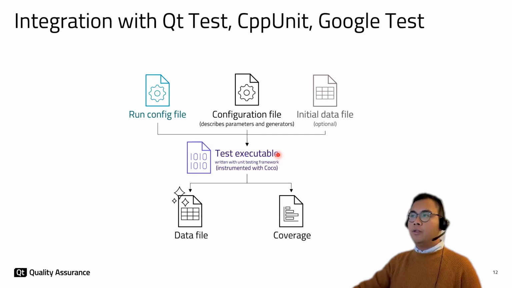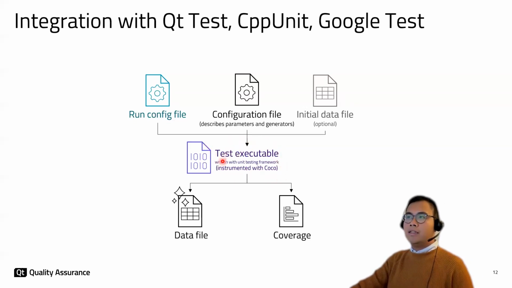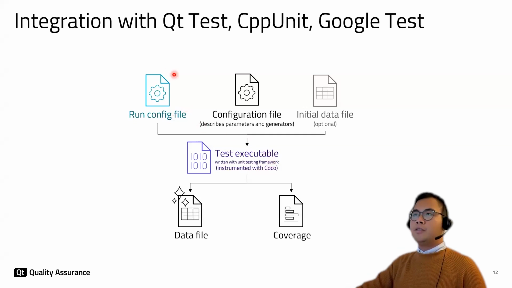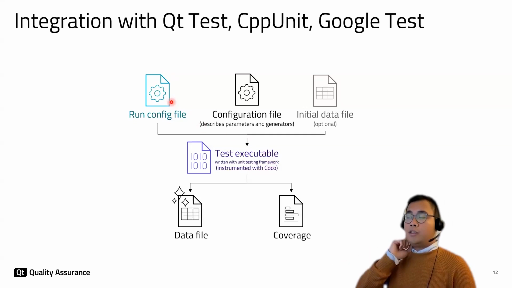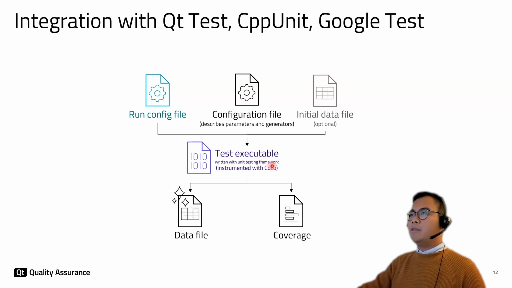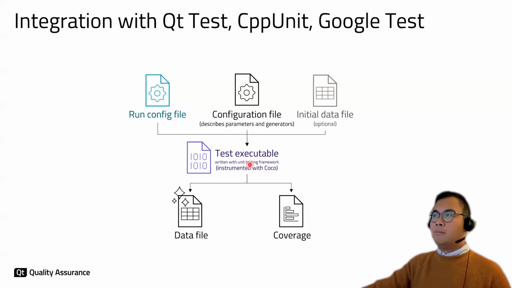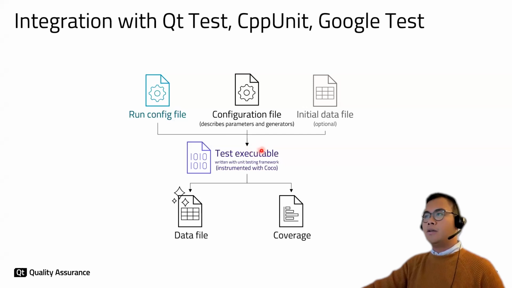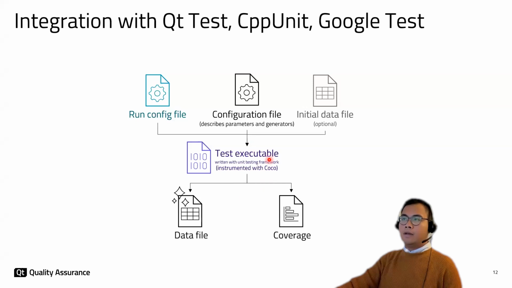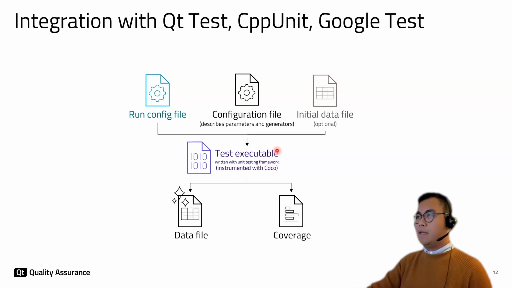And there's no driver tool, so the execution of the test data discovery will be done in the same process, and we'll be using a separate configuration file to specify the parameters. This means that it will integrate well with your existing unit testing frameworks, but it means that you will not be able to detect crashes using this, because once an input crashes, then the test executable or the discovery process will also have to terminate.